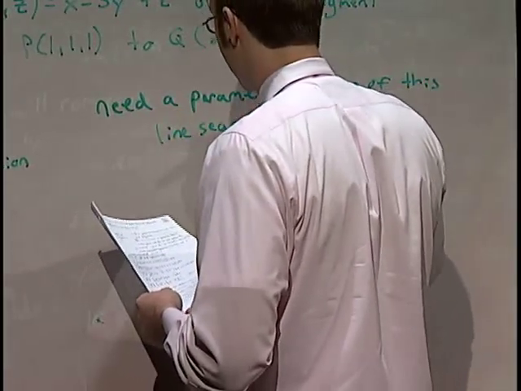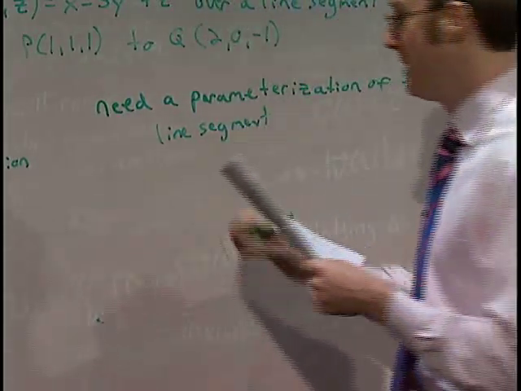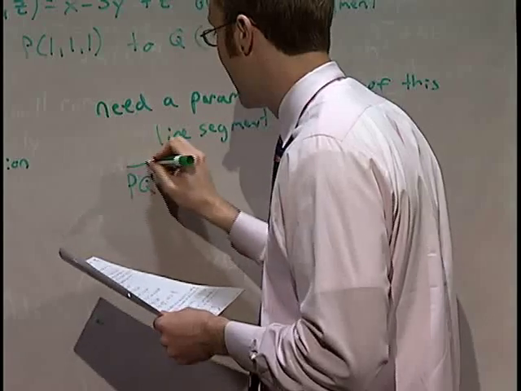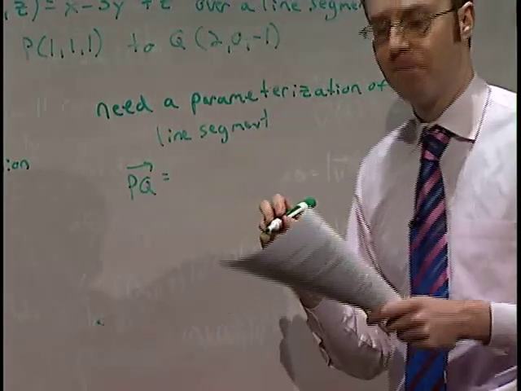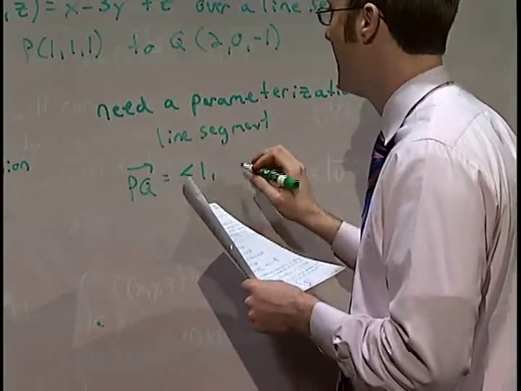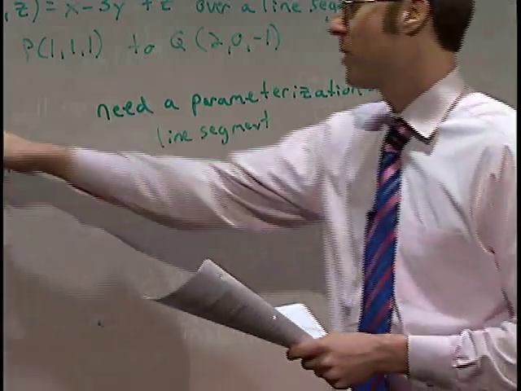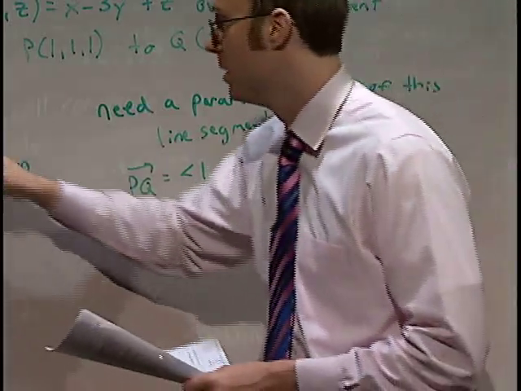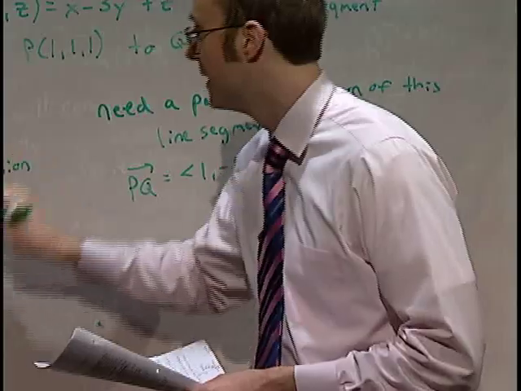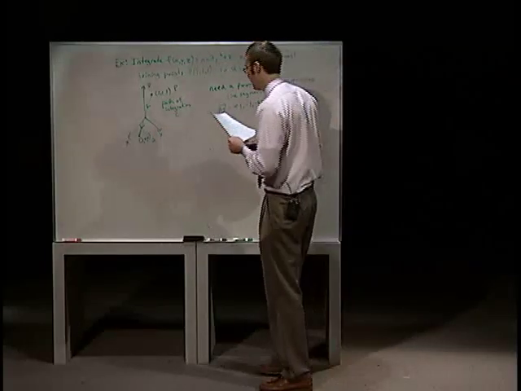of this line segment. Well, we know all about how to parameterize line segments, right? We know that we need a parallel vector and a point, right? So the vector PQ, which is 1, negative 1, and negative 2, is the vector traveling from P to Q, right? This is P and that's Q, so traveling that direction. That's the parallel vector.